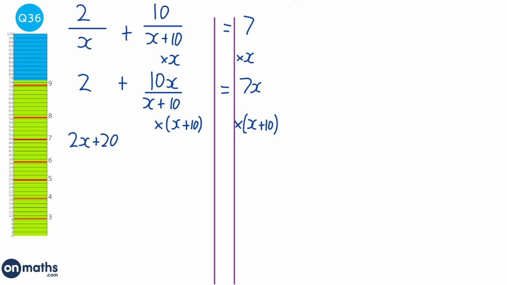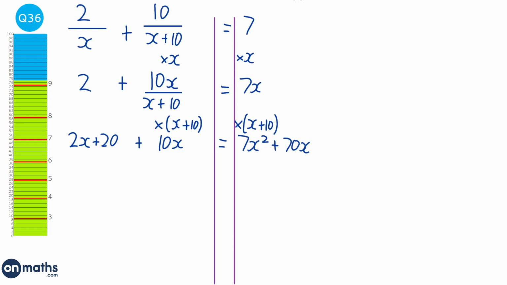Then it's going to be 10x, because the times x plus 10 just gets rid of the denominator. And then here, let's try and expand this as we go. And so we do 7x times x, which is 7x squared, and 7x times 10, which is just 70x.